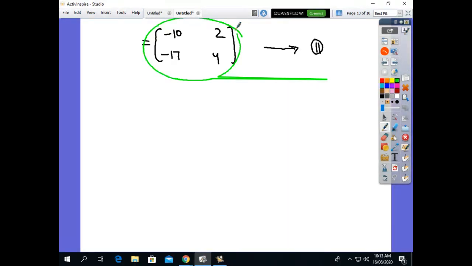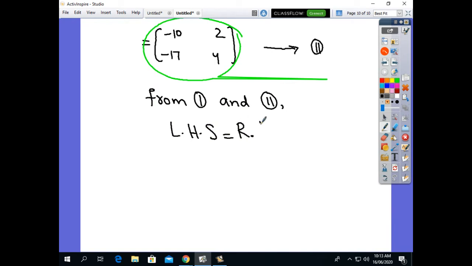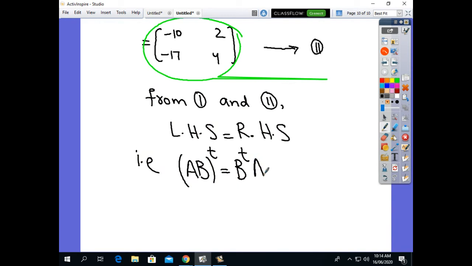Therefore, from 1 and 2, we see that left hand side is equal to right hand side, that is AB whole transpose is equal to B transpose A transpose.